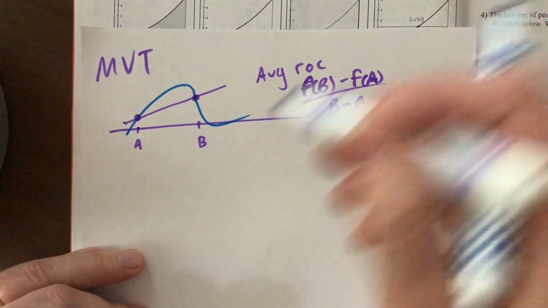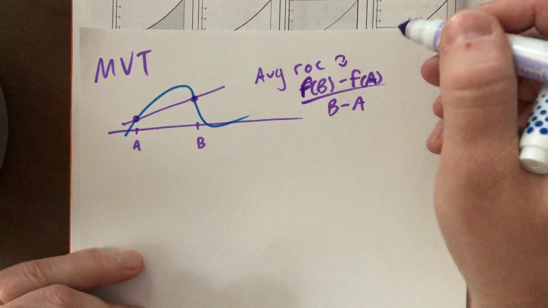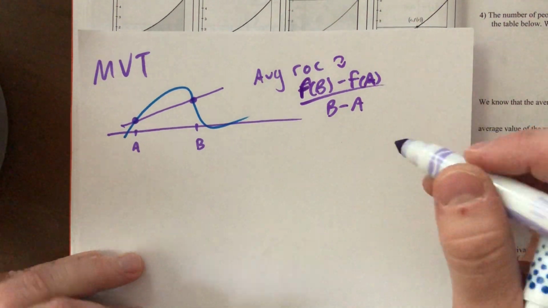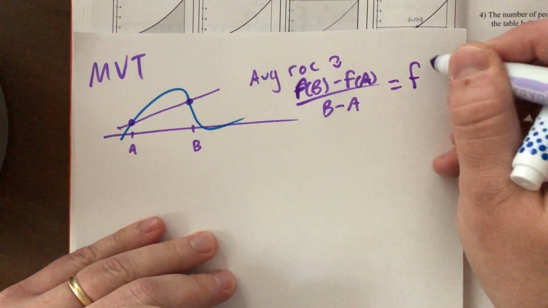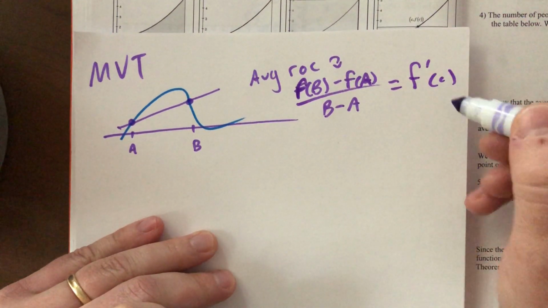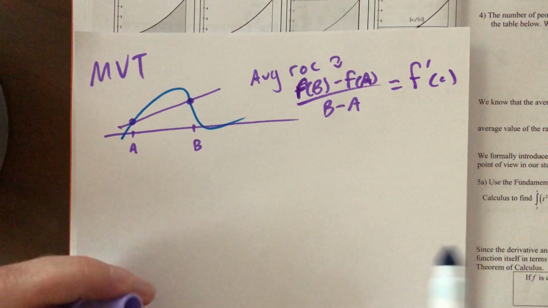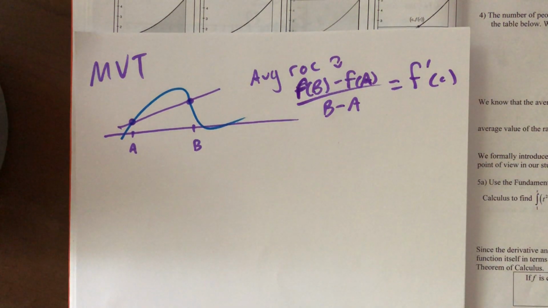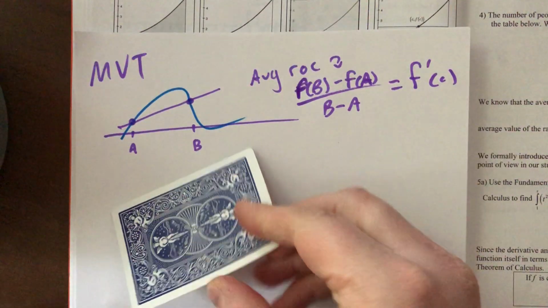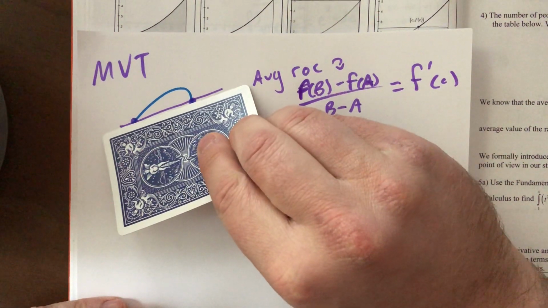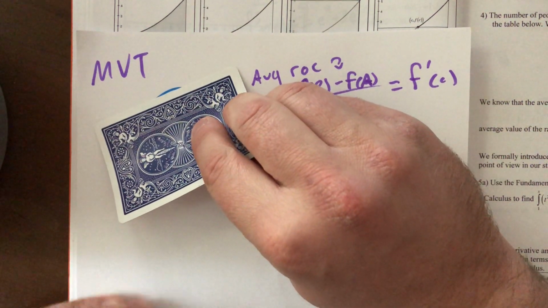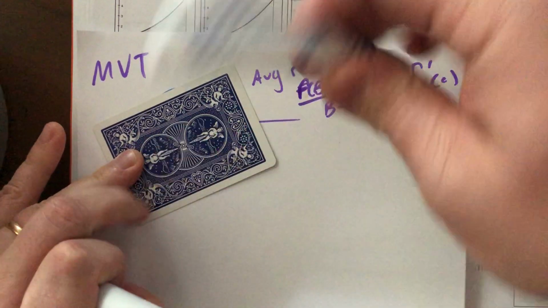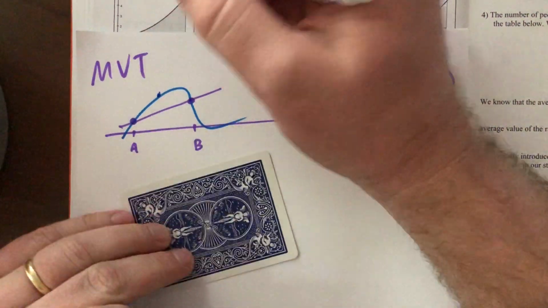This was our slope, right? Average rate of change, it's the same as the slope formula. And that mean value theorem said that this is actually equal to f prime somewhere on there. And we used the letter c. So that idea was like, hey, if I look there, that means that somewhere on here would be a tangent line, and sure enough, it's like right about there.